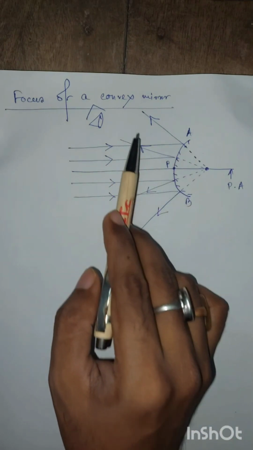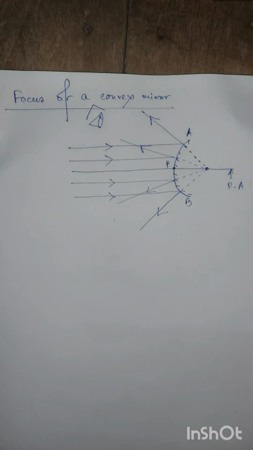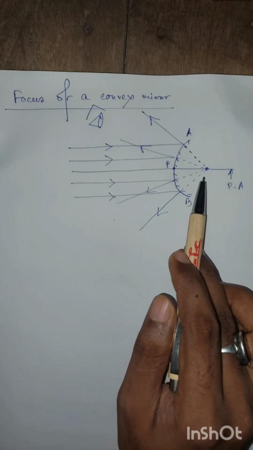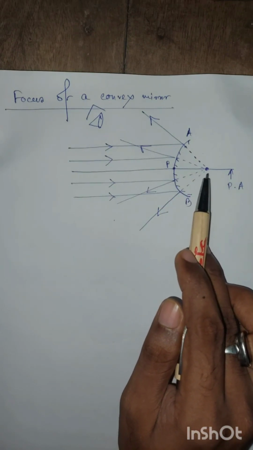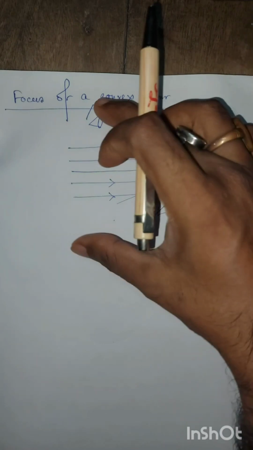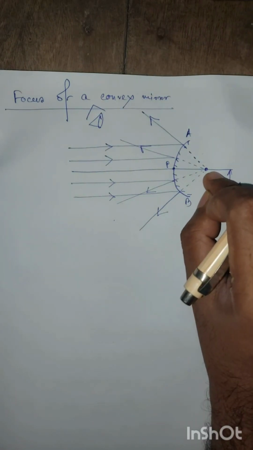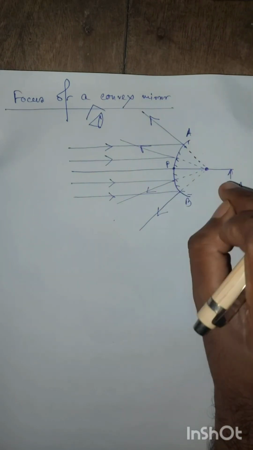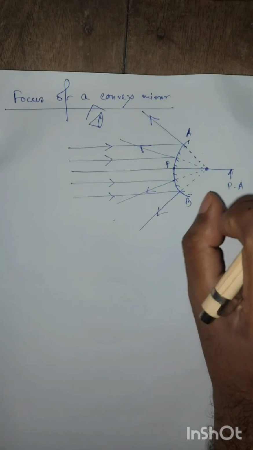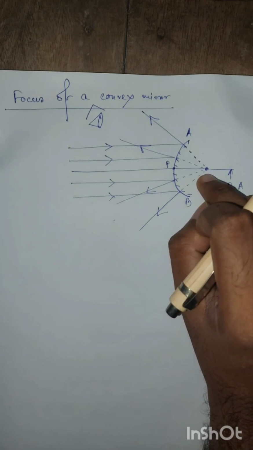So these reflected rays appear to be diverging from a specific point inside the mirror. It seems that these rays are diverging from this point on the principal axis. Okay. So this point is called the focus.